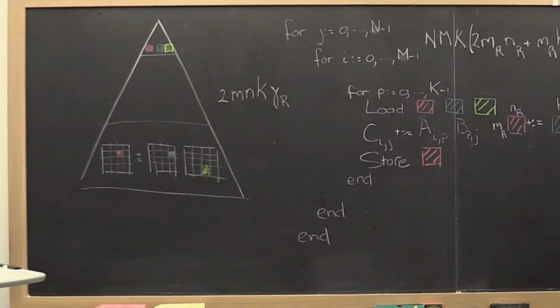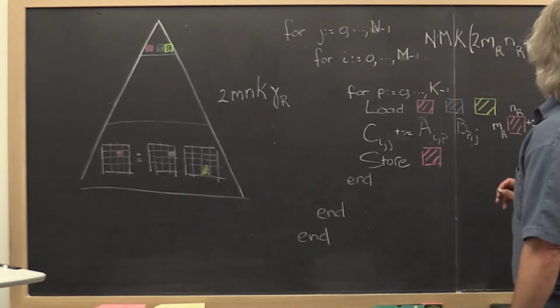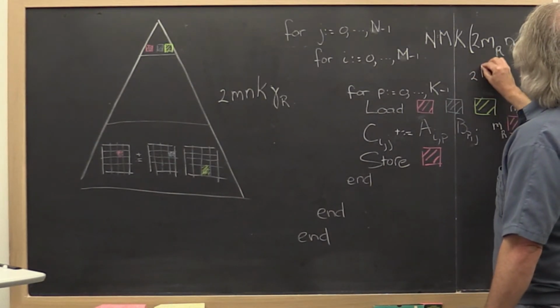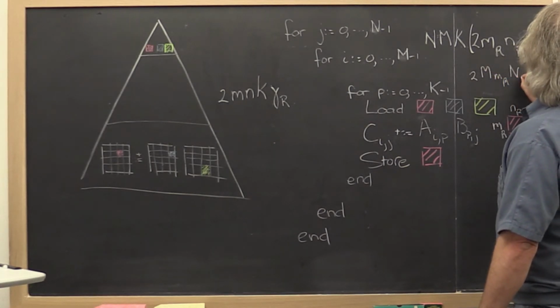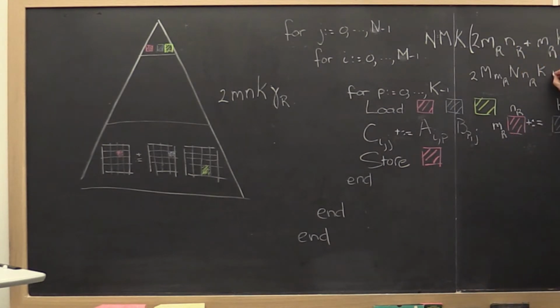So what kind of simplification can we get here? Well, we can write this as 2 times M times MR times N times NR times K, plus M times MR times K times KR times N, plus K times KR times N times NR times M, quantity times beta R M. And when you write it this way, you see that this is just little m, this is just little n, and so forth.